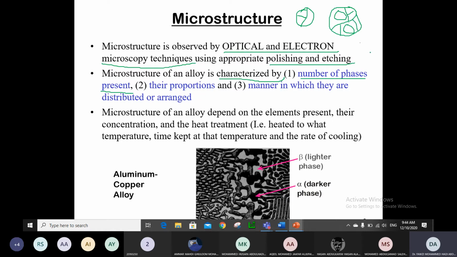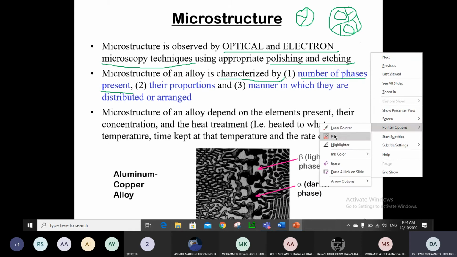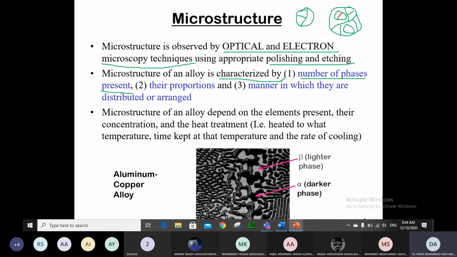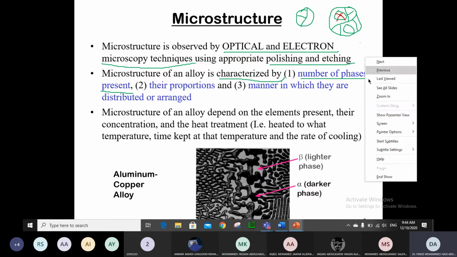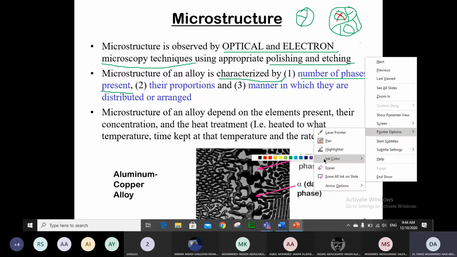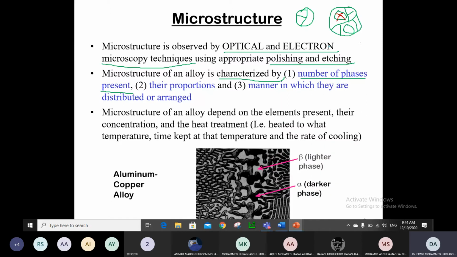Let's say you have color right here. This is another phase there in the material with different grains as well. Okay, and this is color, this is a third phase in the material, and it has different things there as well.